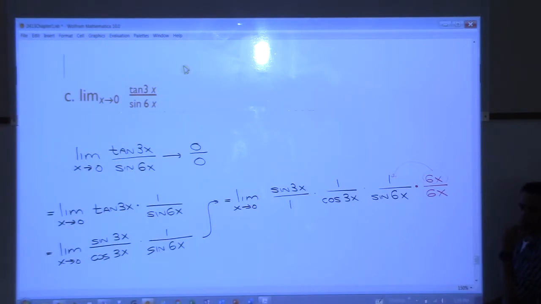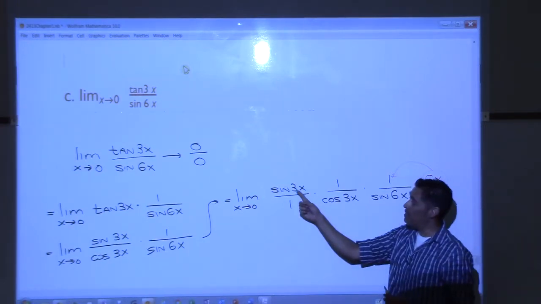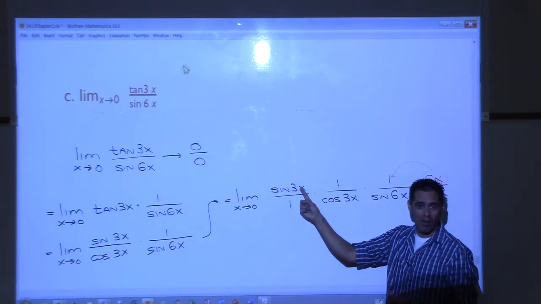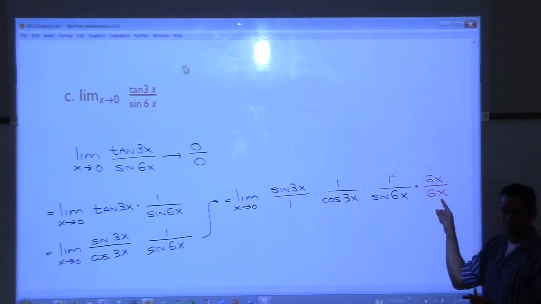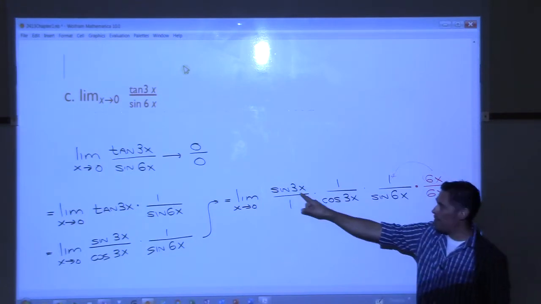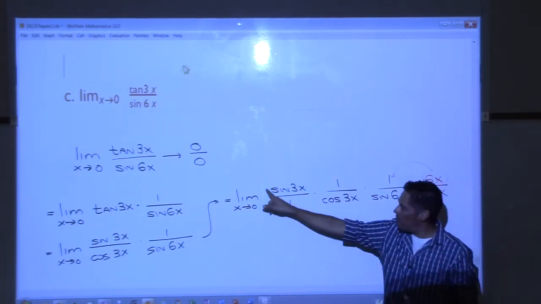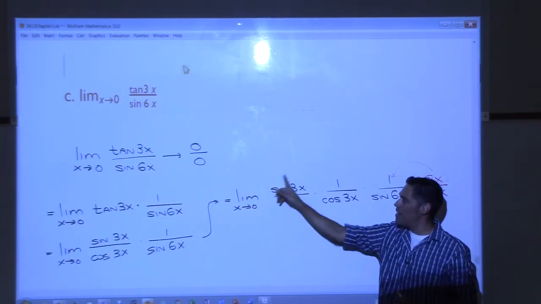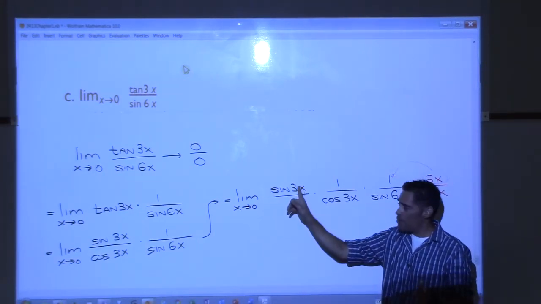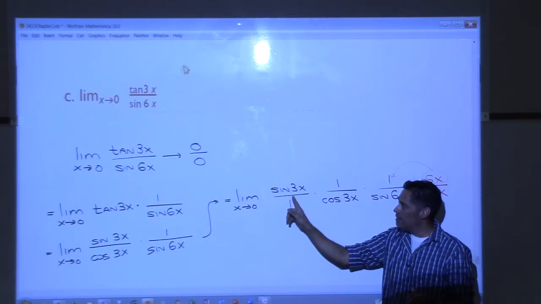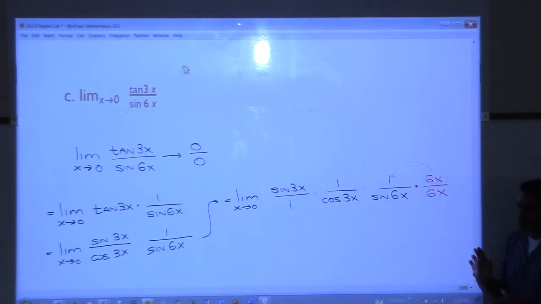Okay, so if this were a 6x in here, that would solve our problem, wouldn't it? If that was a 6x, then we would have this 6x, right? Yes and no. It's hard to make this a 6x because you can't just multiply by 2. If I multiply by 2 here and here, you can't pass the 2 in. But you're on the right track. You're almost to it, actually.